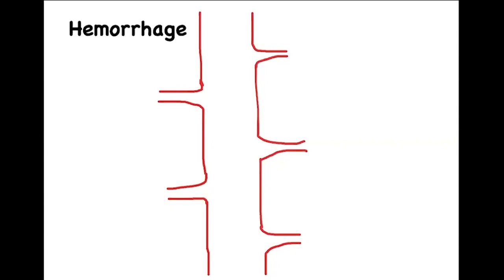When a hemorrhage occurs or when you lose a large volume of blood, the arterioles feeding the non-essential organs will vasoconstrict. This increases resistance, and based on the equation that you learned, if you increase resistance, this will decrease flow downstream to those non-essential organs.